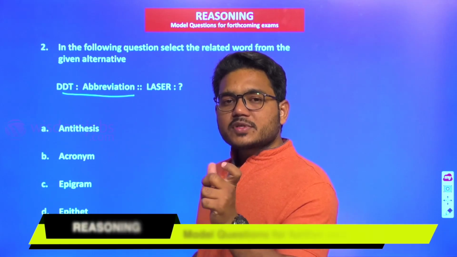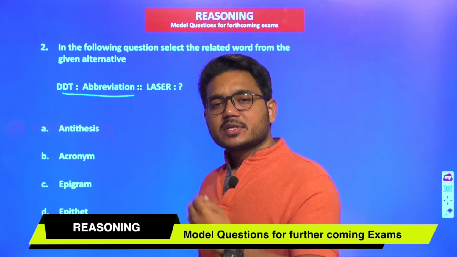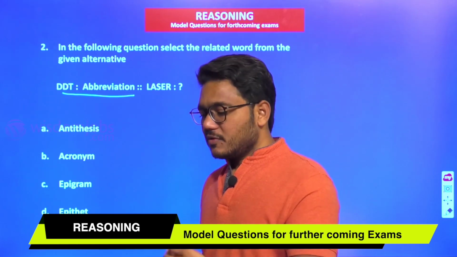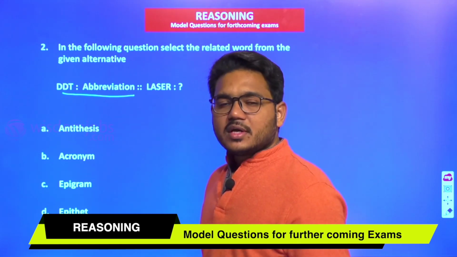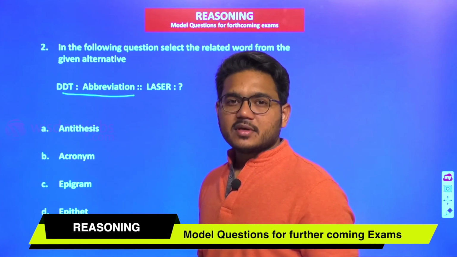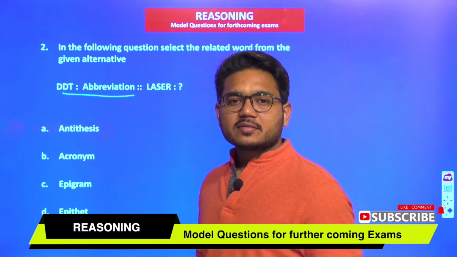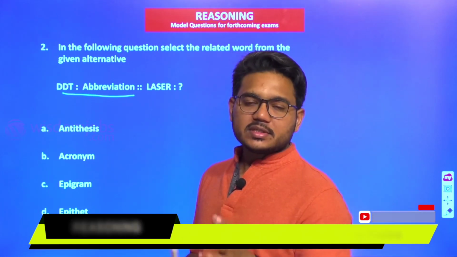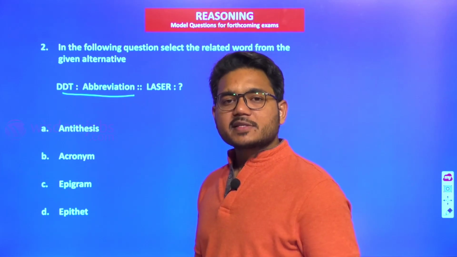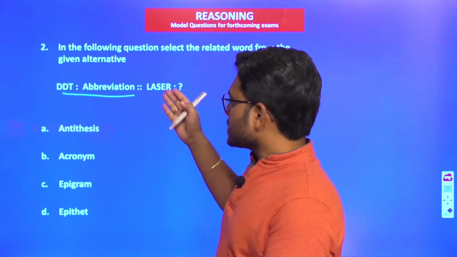Whatever short forms are popular and can be named as a word, like one more example: one of the software courses is SAP, but people usually call it SAP as a word. Likewise we call it laser.